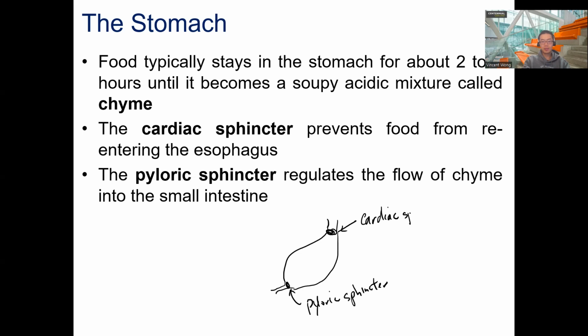Like I said, the cardiac sphincter will keep the food in the stomach and prevent it from coming up. Although sometimes there is a little bit of regurgitation going on. Some people suffer from what's called GERD, acid reflux. The content of the stomach comes back up and irritates the lower esophageal region, and that could create constant heartburn, right?